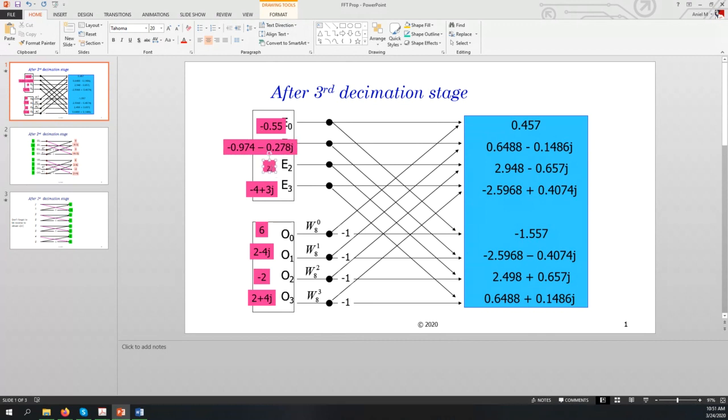This one here will go to 2.498. Don't know why that got so small, but leaving it for now. 0.974 plus 0.778 j. Yep, we just solve for the two and we keep on going.